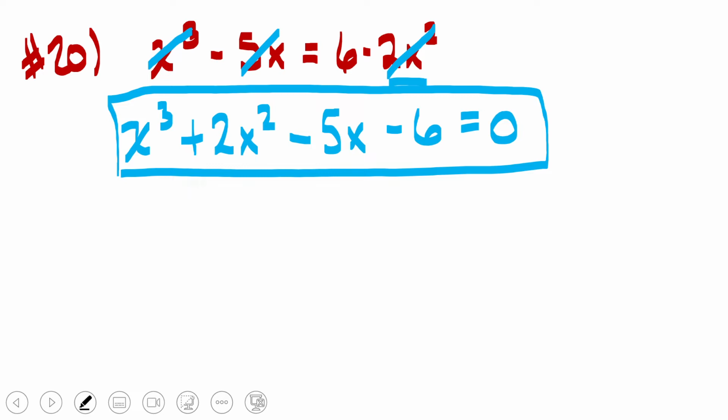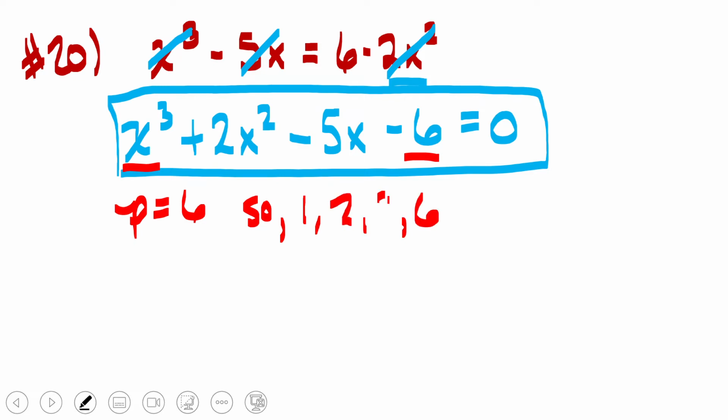So we're going to consider our p's and q's. Remember that those will be positive and negative. So p equals 6. Even though it's a negative 6, we'll consider that shortly. We have the factors of 1, 6, 2, 3. And q equals 1. That's the coefficient on the x cubed term, the highest degree term.